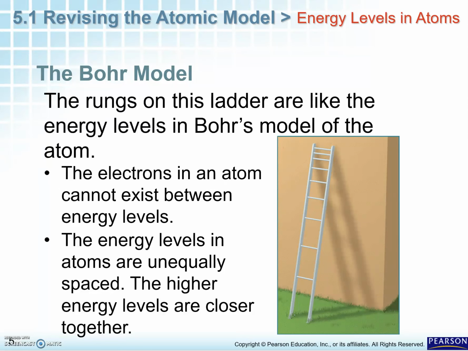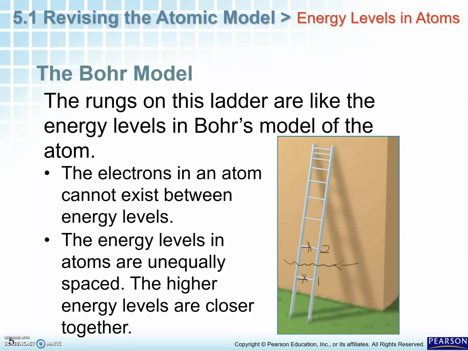Electrons in an atom can't exist between different energy levels. Just like if you were to go up this ladder, you couldn't magically hang out in the middle between the first step and the second step. You could either be on step 1, or if you took in some energy, you can be on step 2.